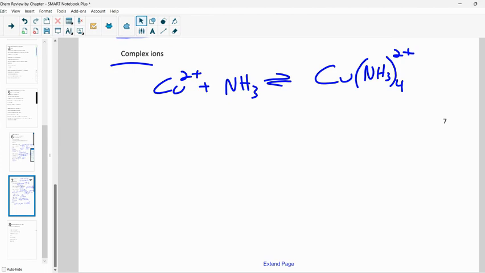Usually, whatever the charge is, we have 2 times as many of our ligands here. It could be water molecules, like we've seen where we hydrate it. It could be ions. But again, just treat it as a K problem. The concentration of this over the concentration of those.